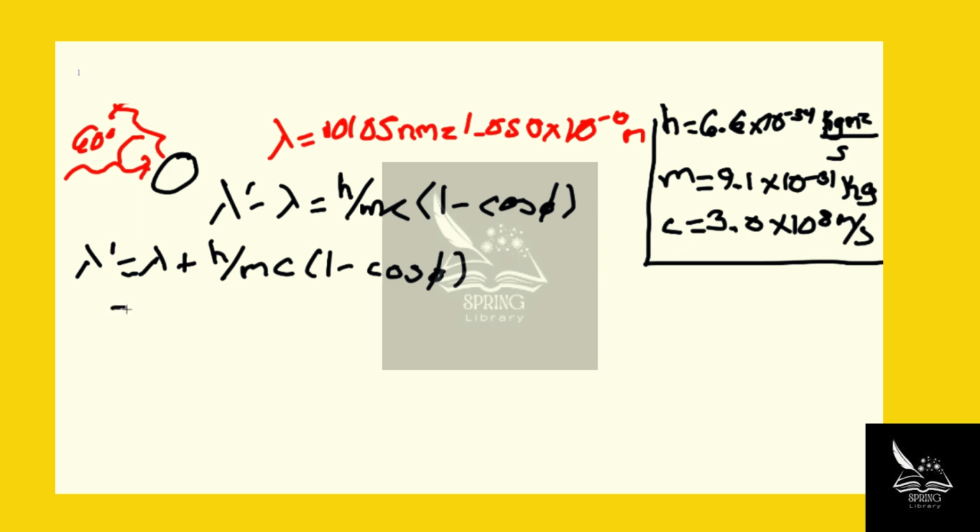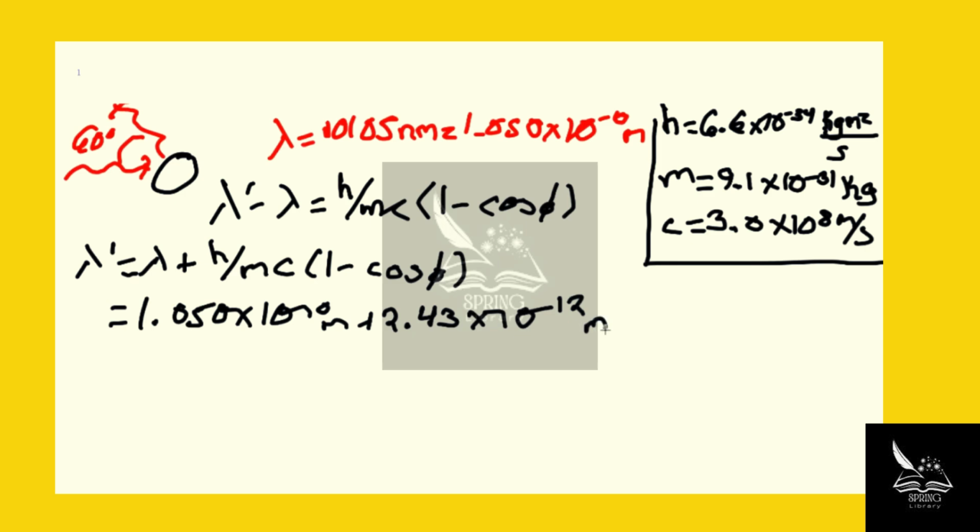So we can plug in all of these numbers and we get lambda prime is 1.050 times 10 to the negative 10 meters plus h over mc with those values, 2.43 times 10 to the negative 12 meters, and then times 1/2 from that cosine.